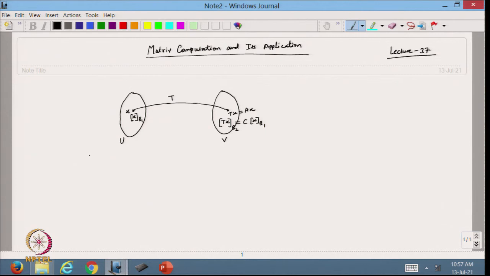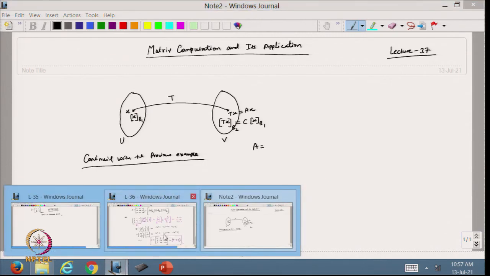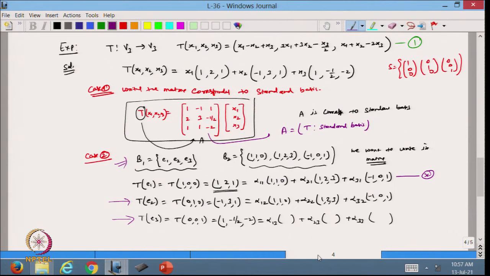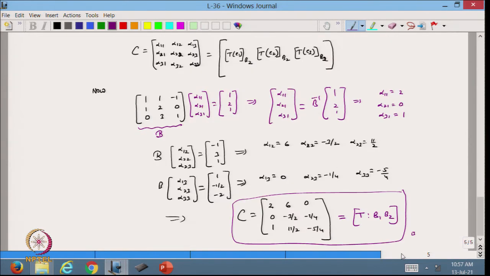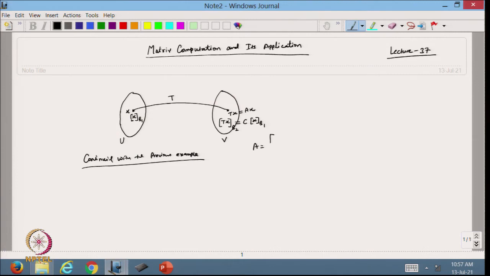Continuing with the previous example, from here I get my matrix A. This matrix A was 1, 2, 1; minus 1, 3, 1; 1, minus half, minus 2.